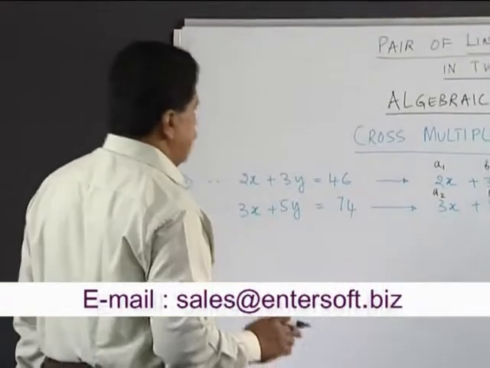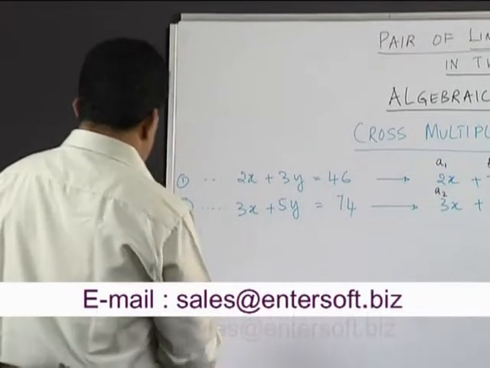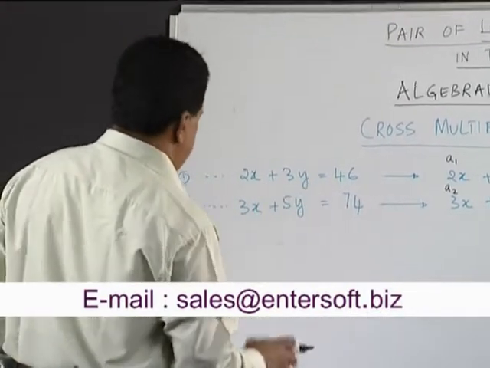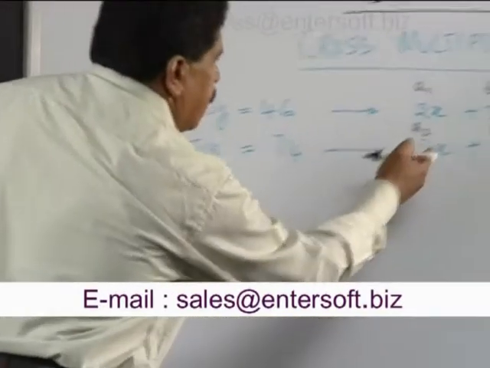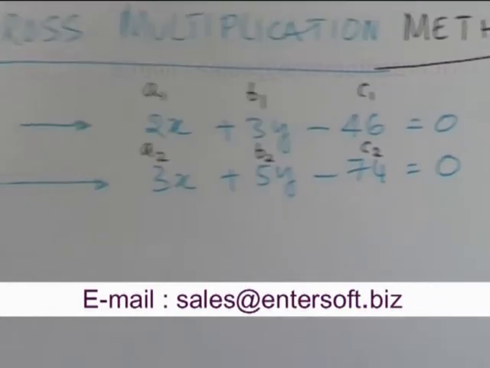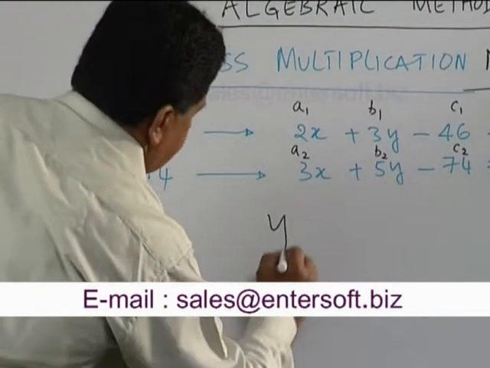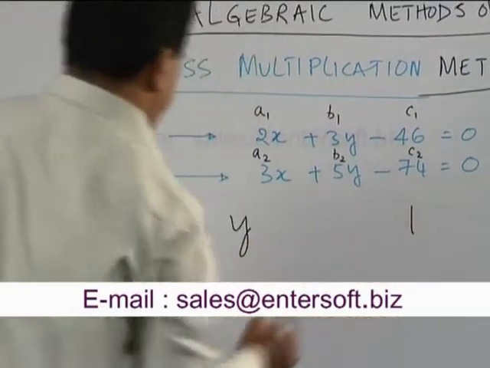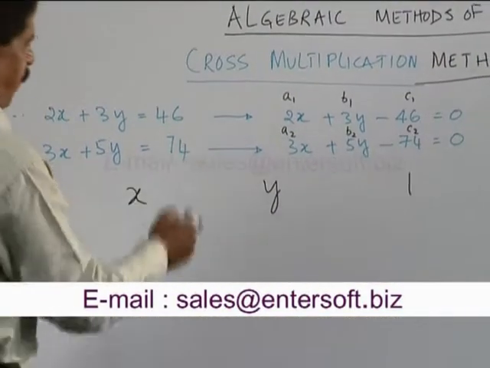Now this method of cross multiplication can be done like this. First, what are the variables that you are having here? x is one variable, y is one variable, the other one is a constant for which I will write 1 here. This is numerical 1.